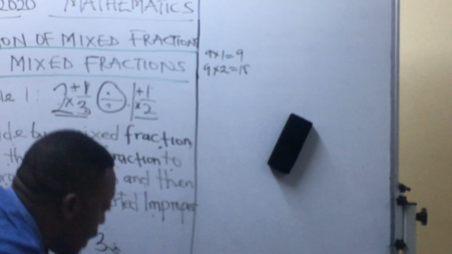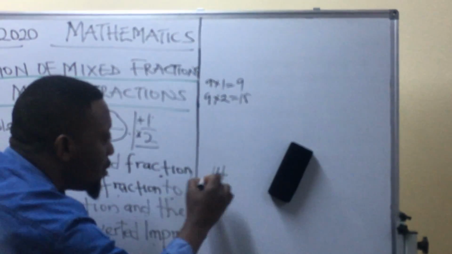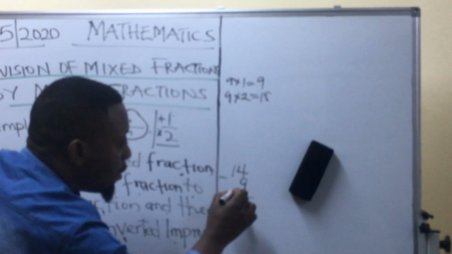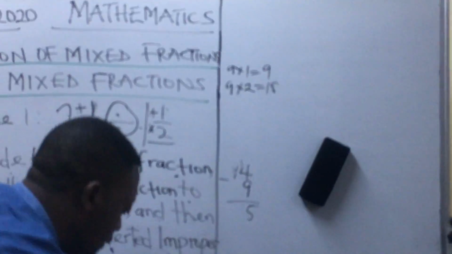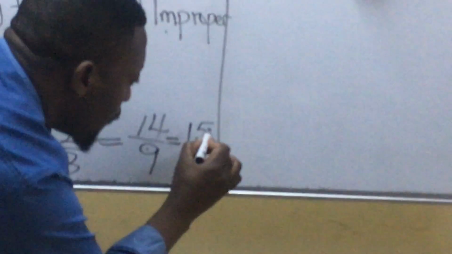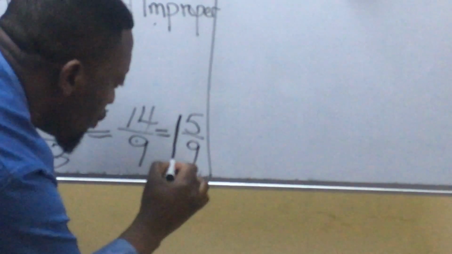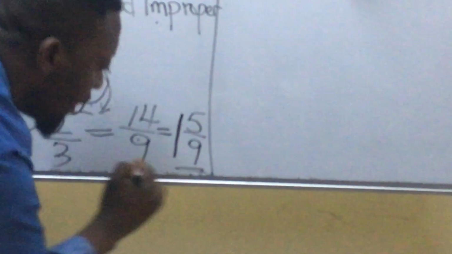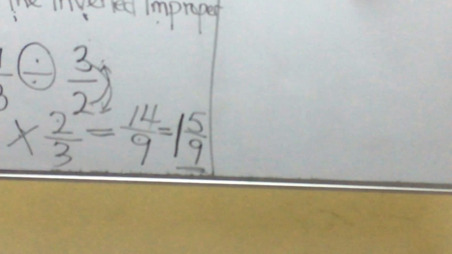That means we will see 1. Then 14 minus 9 gives us 5. That means our remainder will be 5 over 9. So this will be the answer, because I've converted this improper fraction to mixed fraction.